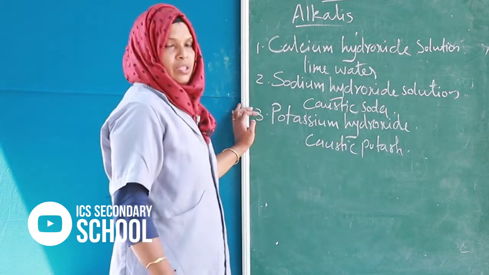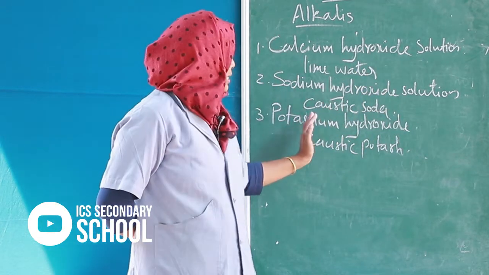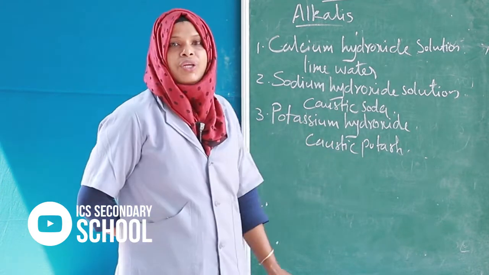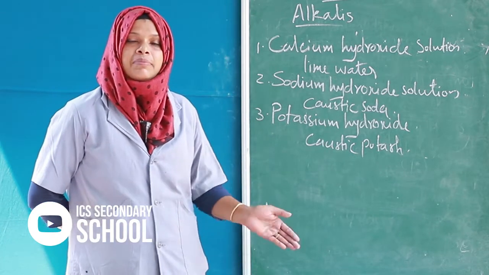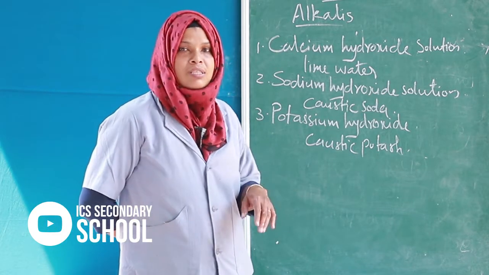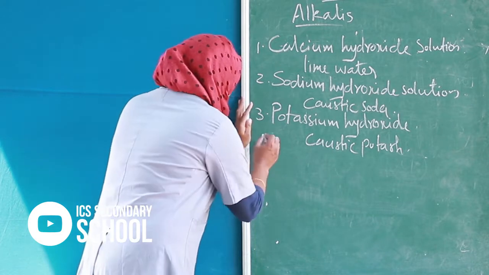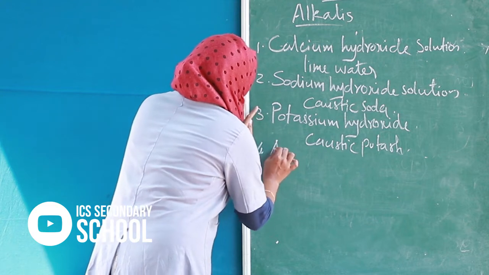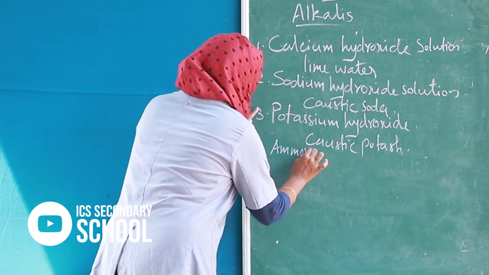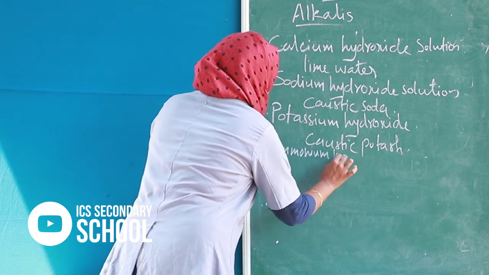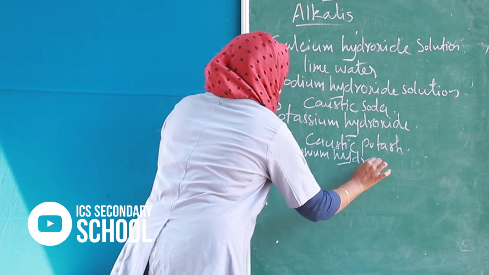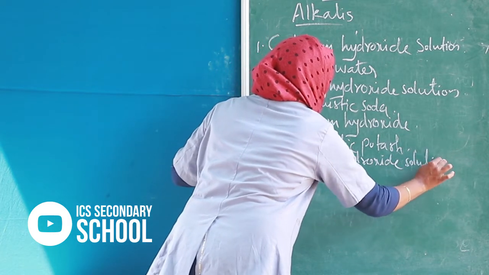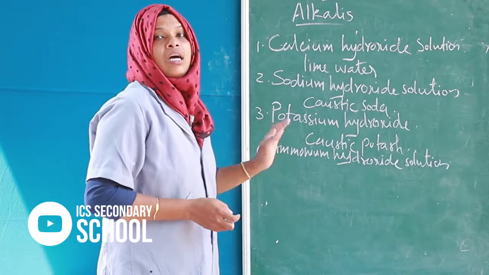When you test the red litmus paper in this solution, you can see that the red litmus paper changes its color to blue. Then the next one, ammonium hydroxide solution, its name is liquor ammonia.